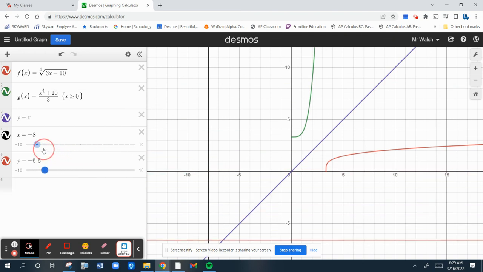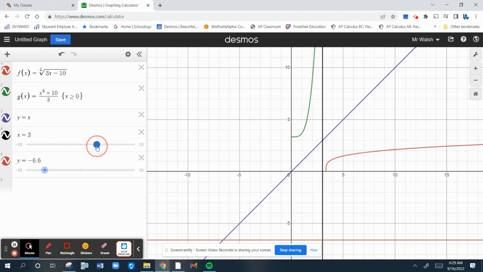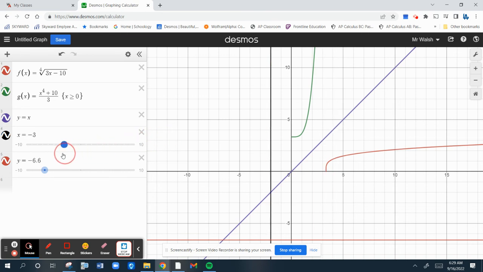And vice versa, the domain of the red function, figure out where it starts on the x-axis. It looks like it starts around 1, 2, 3. Let's just say 3.5, even though that's not exact. So the domain of this red function is 3.5 to infinity. That should match the range of its inverse function.